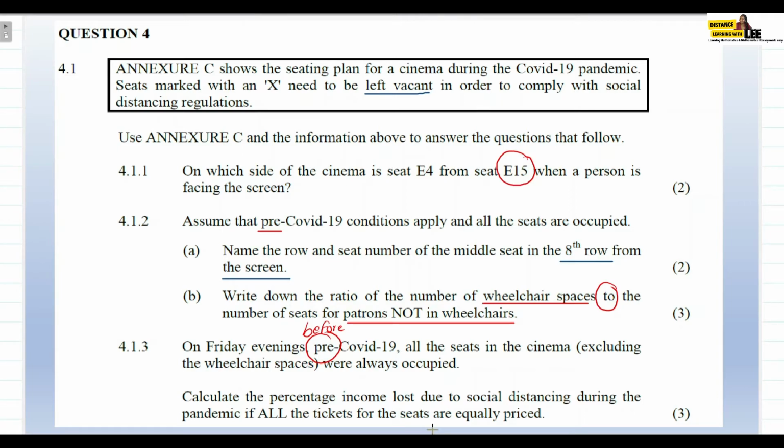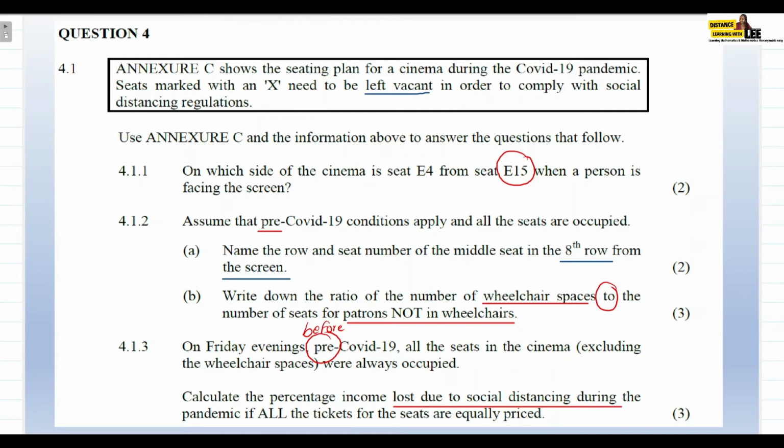So here we want to determine how much income, or what is the percentage of the income, that was lost due to social distancing during the pandemic, if all the tickets for the seats were equally priced.